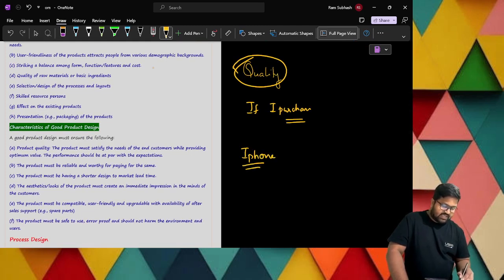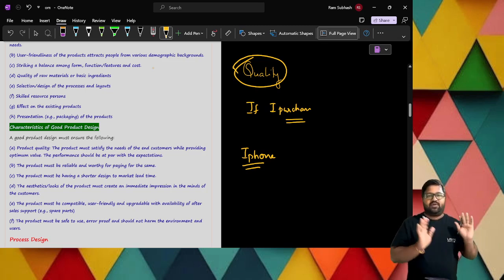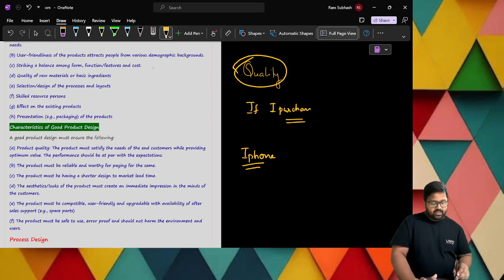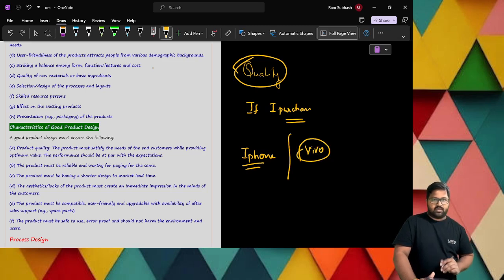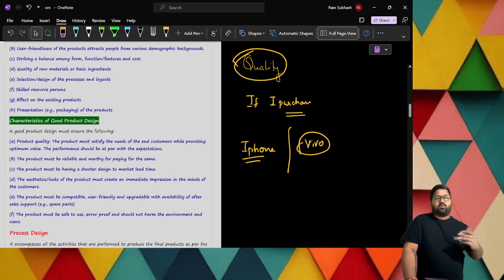For example, I purchased an iPhone. Among all the existing mobiles, iPhone is really good for health; the radiations emitted will be okay and secure. If I purchased a Vivo, I feel it is really not safe. Now, let us take an example of whether a product is quality or not.